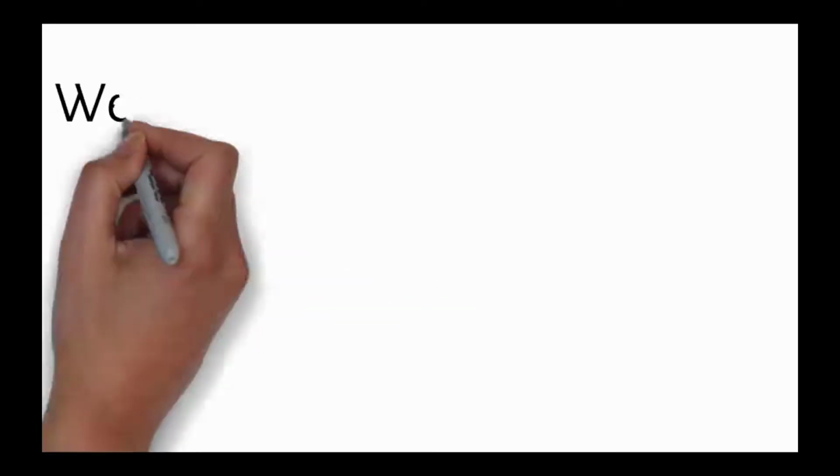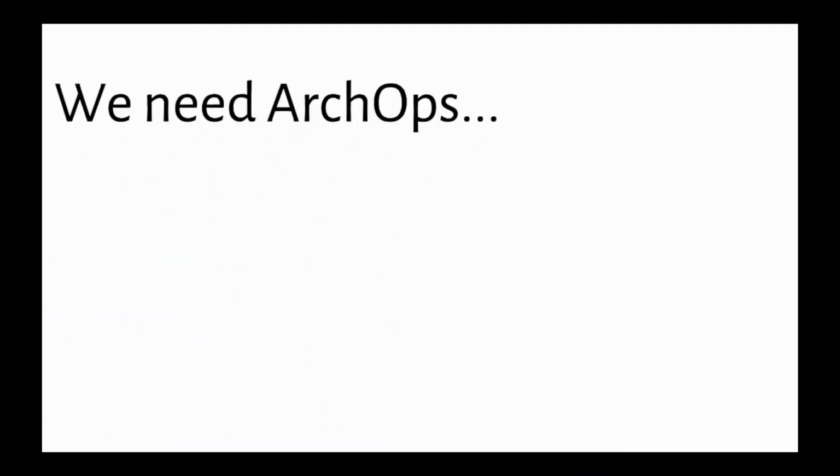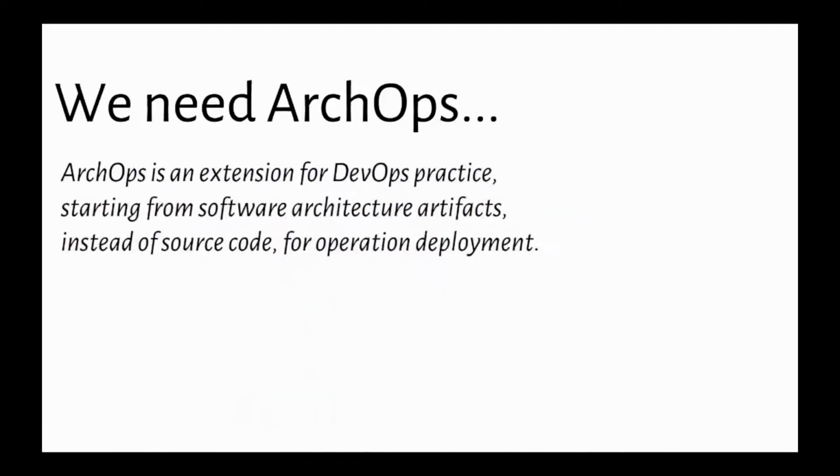So for all of this, there is this term called ArchOps, which is a design to deploy kind of infrastructure, which means that we all have heard about DevOps, where we are bridging the gap between the developers and the ops people.